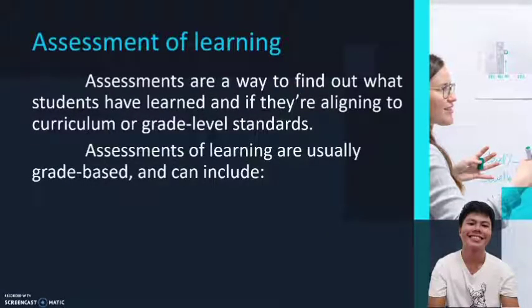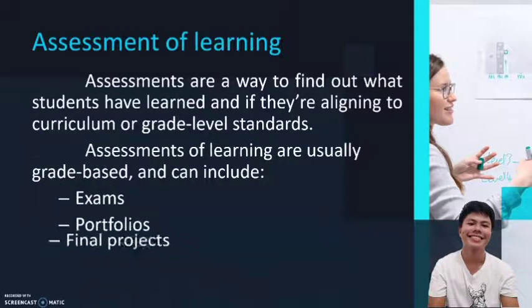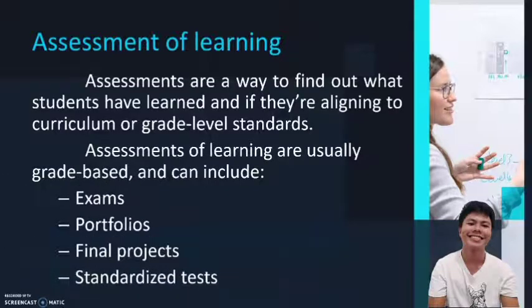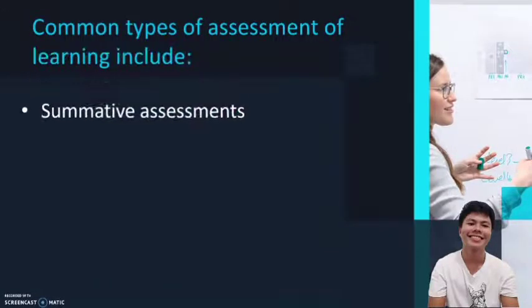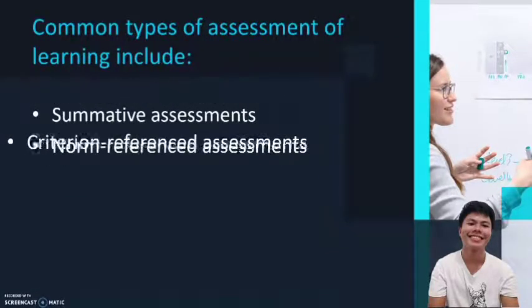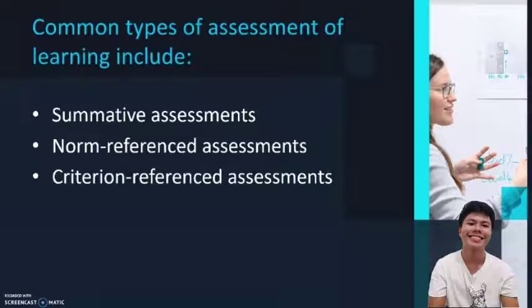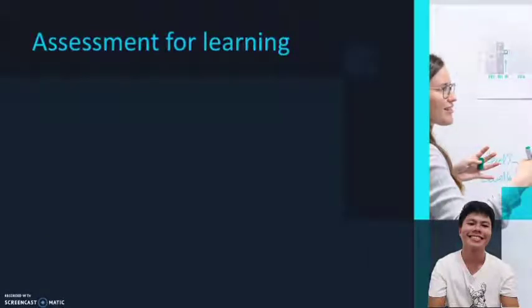Assessments of learning are usually grade-based and can include exams, portfolios, which are common, final projects, and standardized tests, which are based on the standards set not just by the institution, but of course by the national standards set by the different institutions which are being approved. Next are the common types of assessment of learning, which include the summative assessments, the norm reference, and the criterion reference assessment.